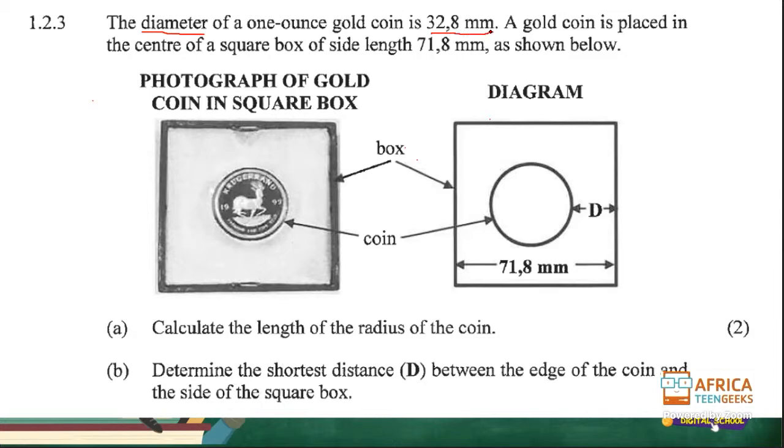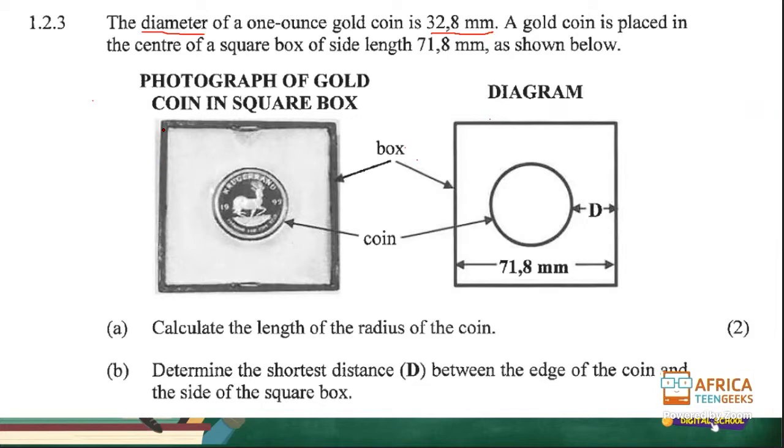So the diameter is 32.8 meters. A gold coin is placed in the center of a square box of length 71.8 millimeters, as shown below. Right? So there's the coin, it's placed in a square box, as you can see.